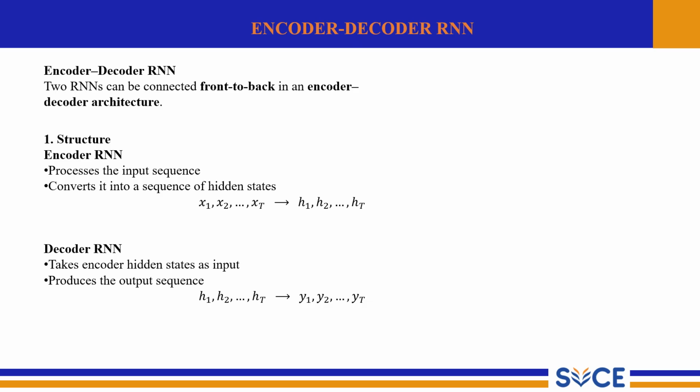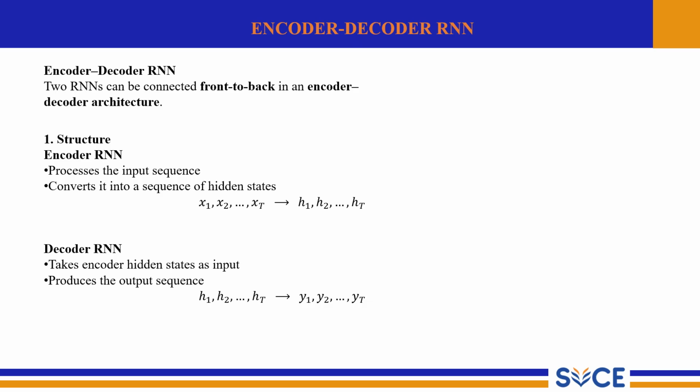Decoder RNN. So the decoder takes the information generated by the encoder and uses it to produce the output sequence. It receives the encoder's hidden states or final context representation and starts generating output step by step. So the process can be represented as H1, H2 up to HT, Y1, Y2 up to YT.